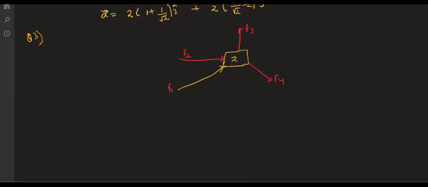This angle is 30 degrees, and this angle is 60 degrees. The magnitude of F1 is 10, equal to F2, equal to F3, equal to F4. So the magnitude is the same.